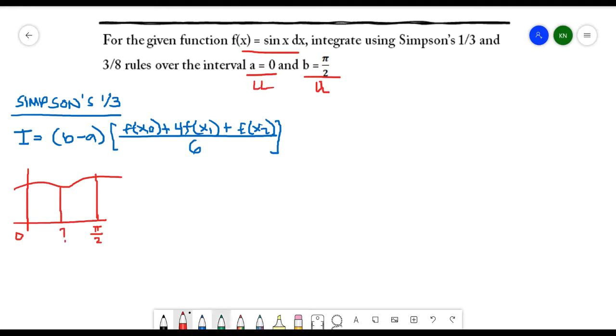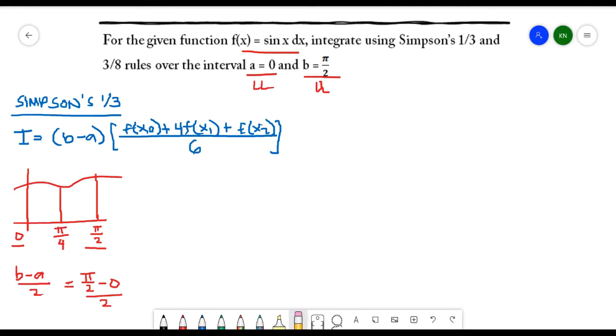In order for us to find it, we just have to subtract the a from the b. So we have b minus a divided by 2. That is how we get the value of the center point. So we have pi over 2 minus 0, divided by 2, which is equivalent to pi over 4.